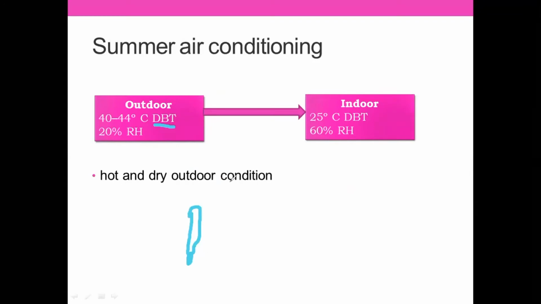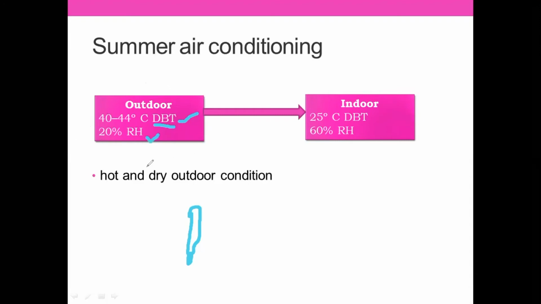You just understand this term, because if you want to study these things completely, you have to know about psychrometry. That is not our focus. So just understand that dry bulb temperature is nothing but a normal temperature measurement. Okay, so that will be 40 to 44 degrees Celsius, and the relative humidity is 20%.